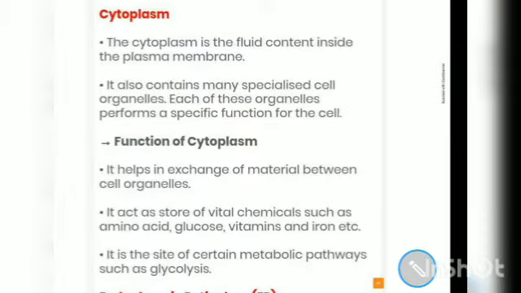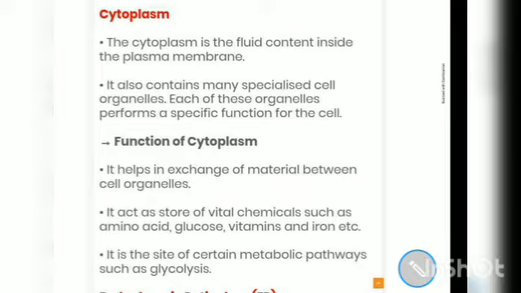Now look here, you can take a screenshot for your notes. As we have already discussed, cytoplasm is the fluid content inside the plasma membrane of the cell, and the plasma membrane is a thin membrane which is selectively permeable in nature. The cytoplasm contains many specialized organelles and also some chemicals inside it.